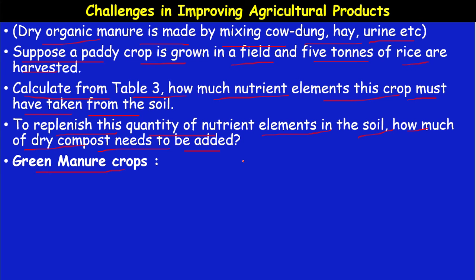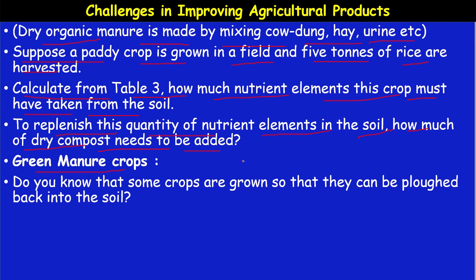Whereas compost is organic matter consisting of rotten vegetable matter, animal refuse, farm waste, garbage, sewage sludge, etc., which gets decomposed in pits by the action of microorganisms such as bacteria and fungi. Now come to green manure. Do you know that some crops are grown so that they can be ploughed back into the soil?